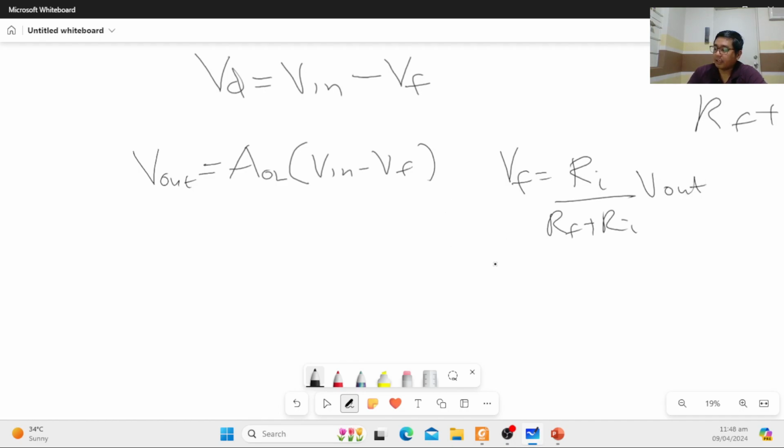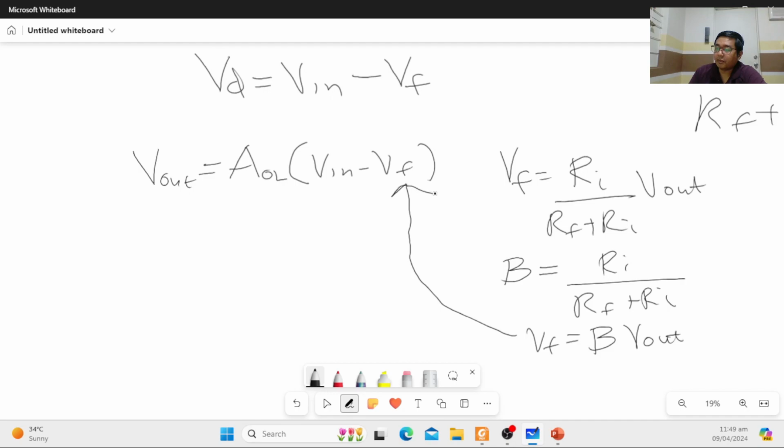And then alam natin na ang attenuation natin can be represented by the capital letter B, that is R sub I divided by R sub F plus R sub I. Alright, so Vf can now be written as B or the attenuation times V out. Ngayon, pwede nating palitan yung Vf dun sa ating output voltage equation.